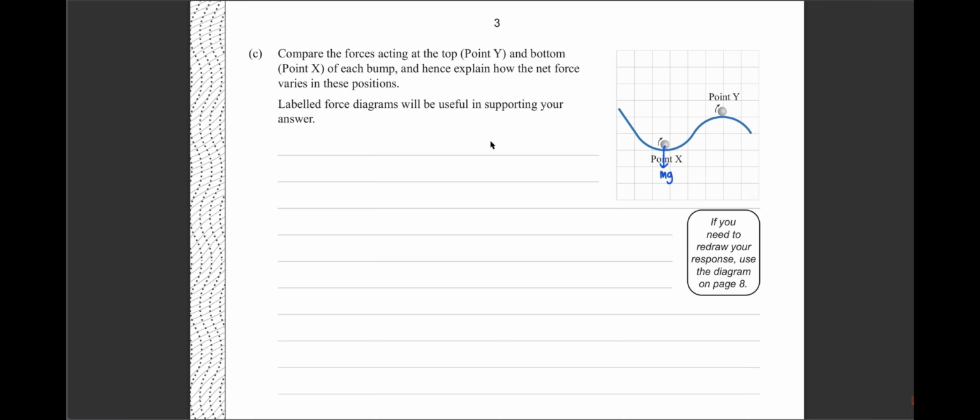But if you imagine it as a circular loop, then you would have a centripetal force acting to the center. And so in this case, we would also have a reaction force, which must be greater because we've got a net force going towards the center. In circular motion, there's an unbalanced force acting to the center.